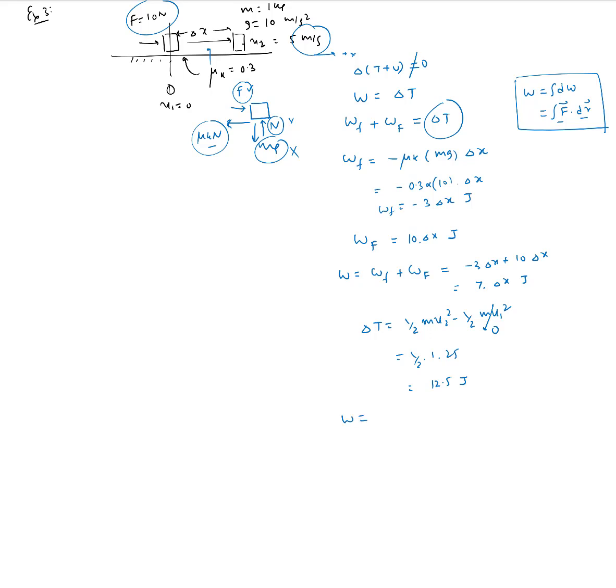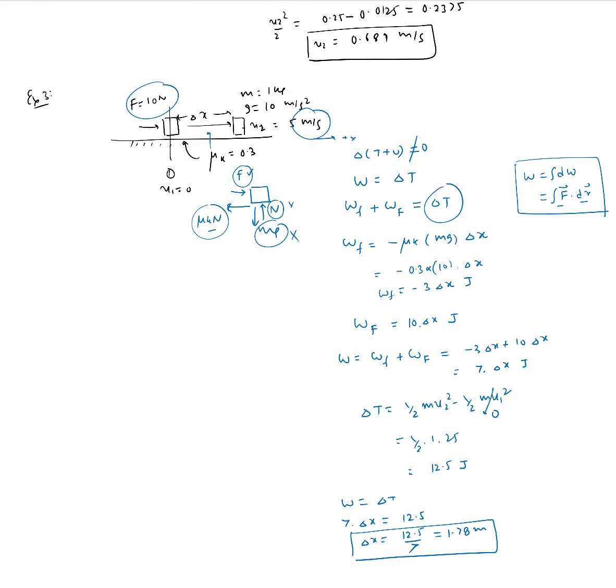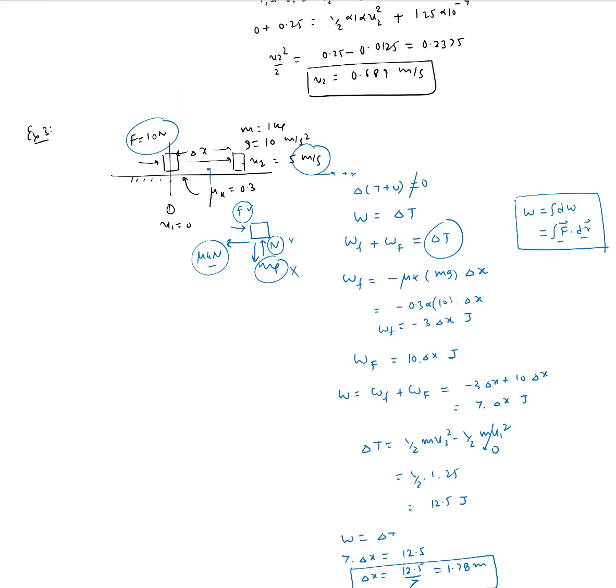W is equal to ΔT, so we get 7 times Δx equal to 12.5. So Δx will be equal to 12.5 divided by 7, and that comes out to 1.78 meters. And that's the distance traveled by the particle when you have non-conservative forces acting.